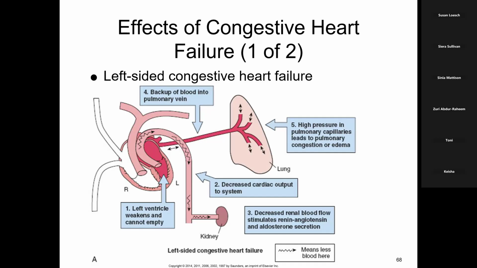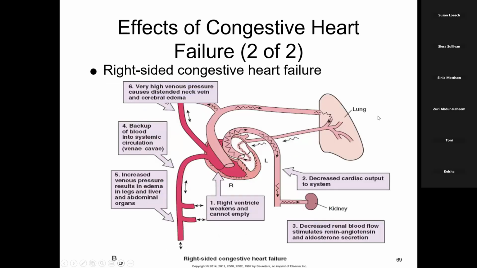So again, this picture here is showing you left-sided versus right-sided. So go and look at those pictures. Get this stuck in your brain.